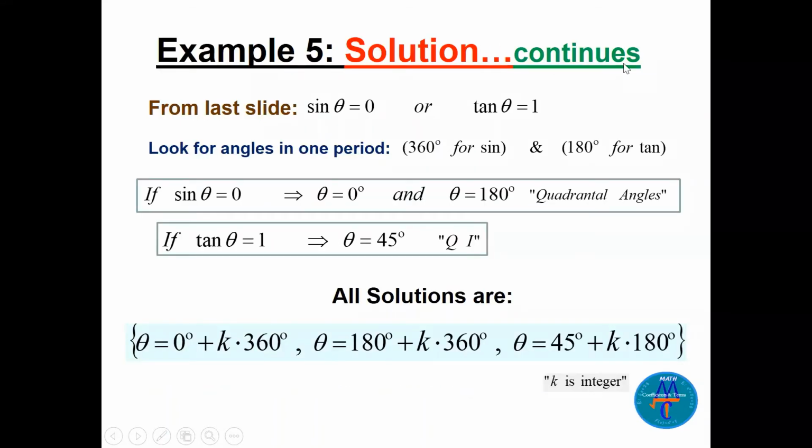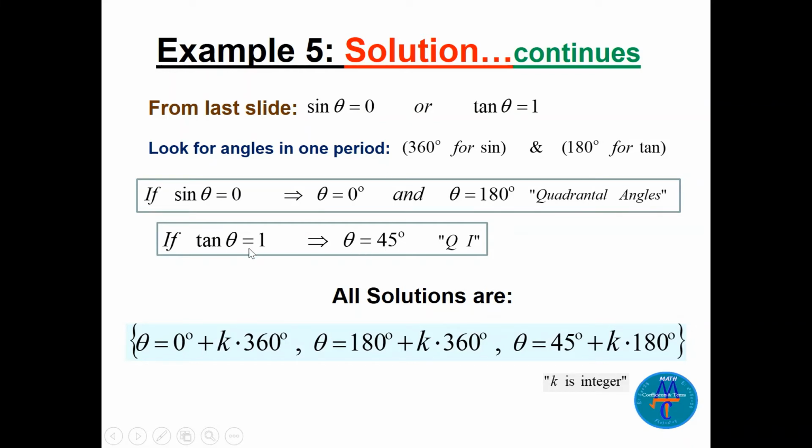Now we see from last slide that sine theta is equal to 0 or tan theta is equal to 1. Let's look at all the angles in one period, 360 degrees, which is 2 pi, the period for sine, and 180 degrees or pi, the period for tan. So if sine theta is equal to 0, then theta is 0 degrees and theta is equal to 180 degrees. These are called quadrantal angles.